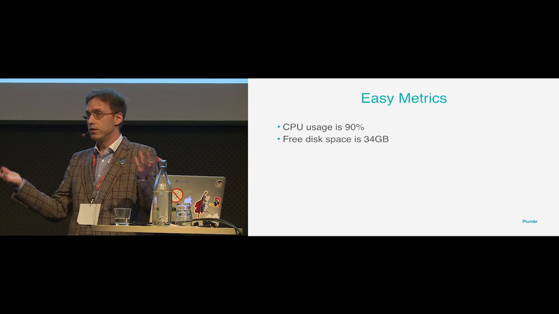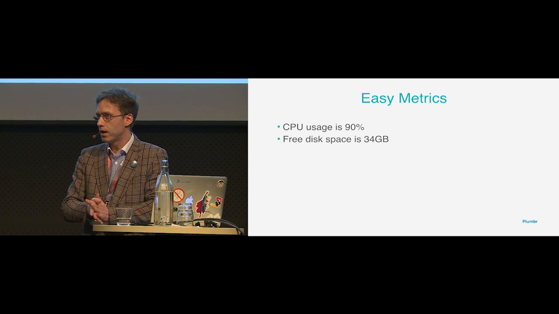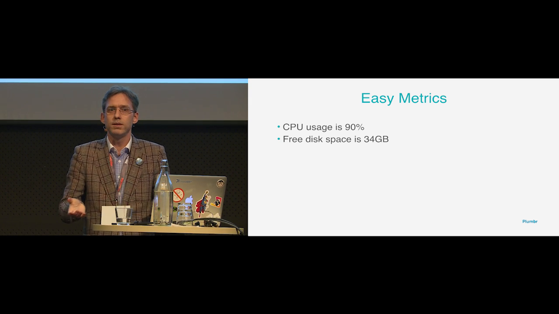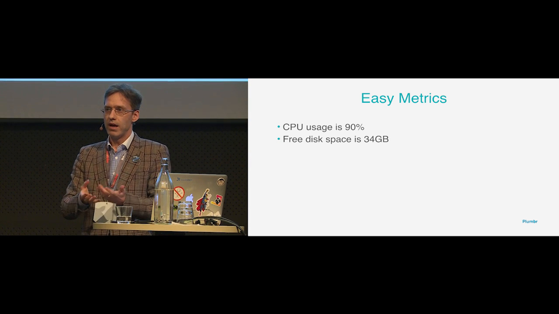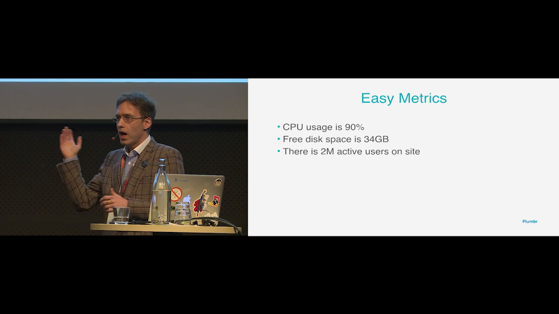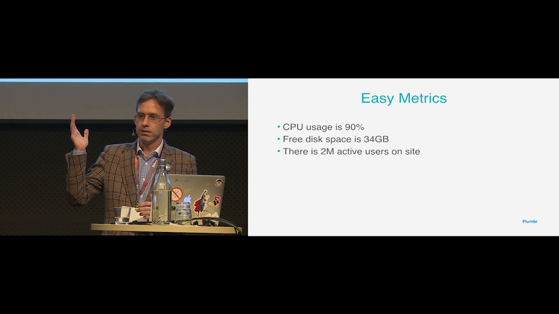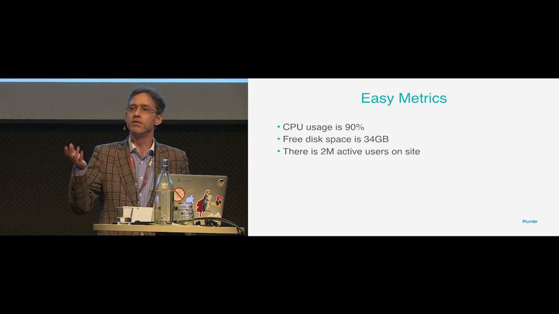Same with disk usage. Yeah, okay, it's very easy to collect that metric, but what does it mean? How does that describe your application health? That you have 2 million active users on your site. That's quite a nice metric. That's quite an addictive metric.